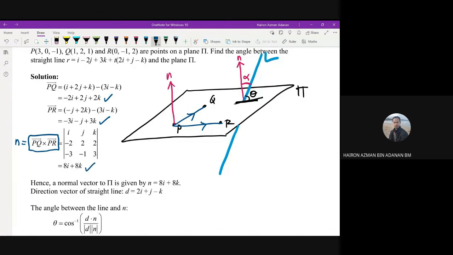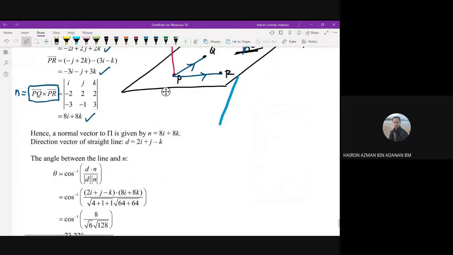So, I gunakan line punya. Line ni ada apa kat atas dia? D, ataupun vektor yang parallel dengan line tu. Okay, so I gunakan normal, I gunakan D.